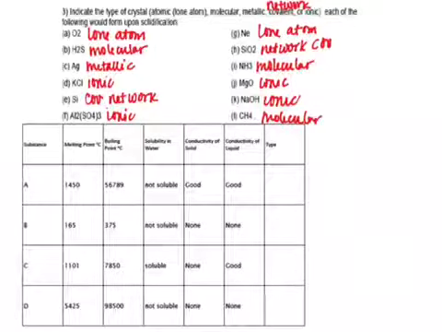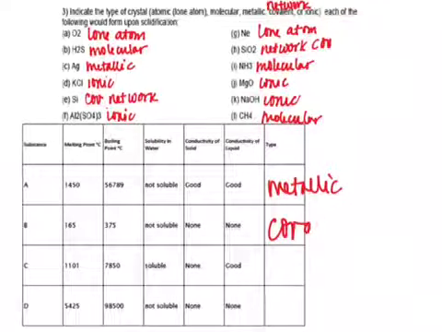So looking at this chart here, these different properties, tell me what type of solid is A? Metallic. What about B? Covalent. C. Ionic.